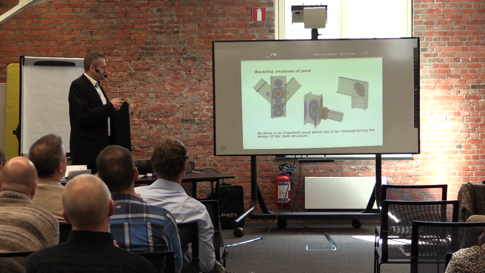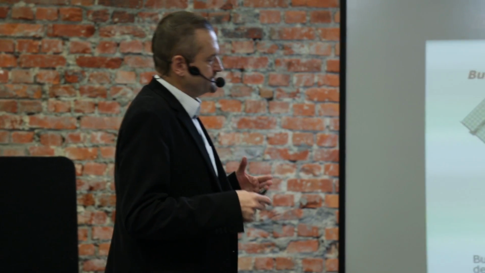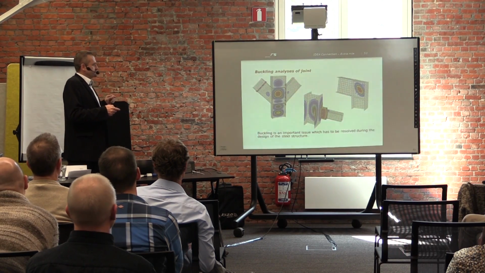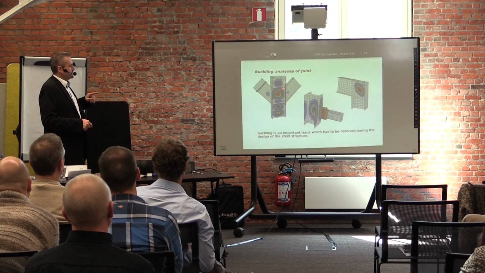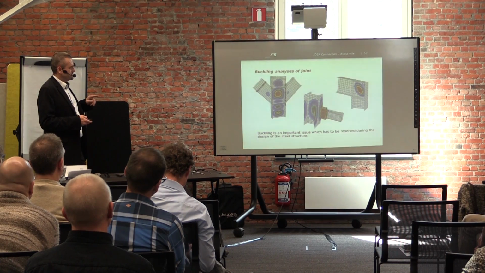What we do is that we have the assumption that connected members cannot buckle. They cannot collapse due to buckling, because you made the proper design of these members, and they are designed against buckling. So if the design is proper, this effect cannot happen. And so we solve only local buckling inside the joint.